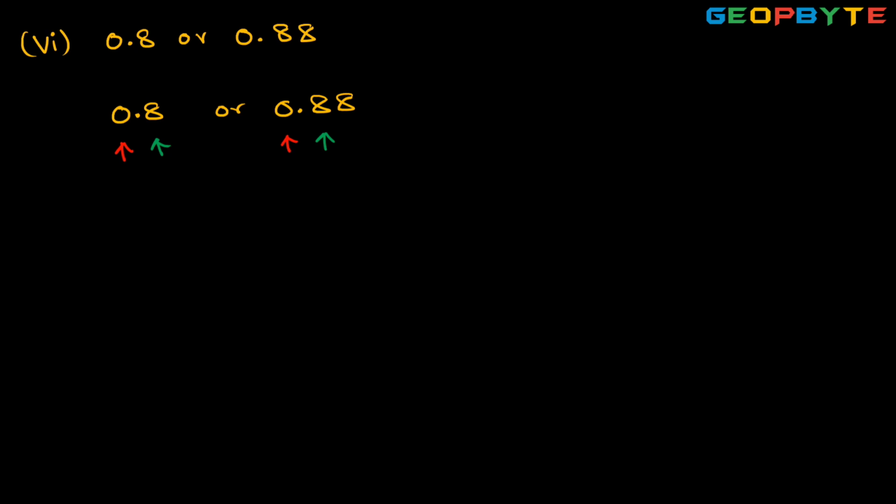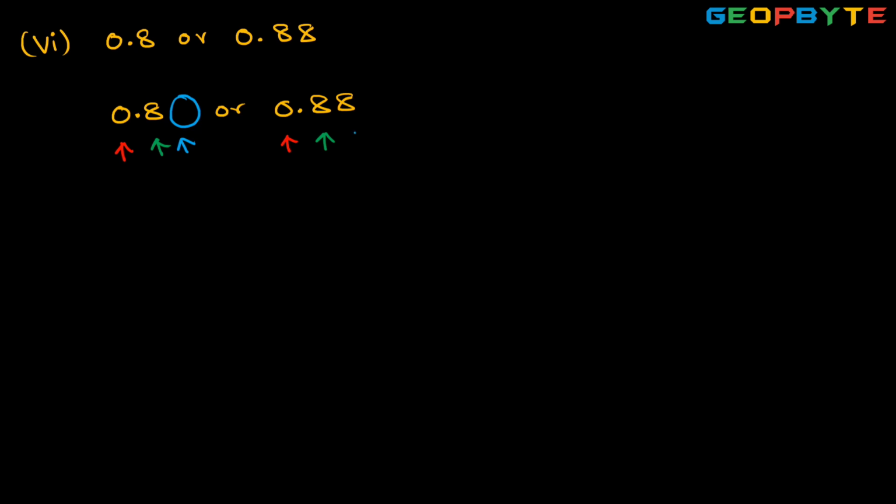Whenever both are equal, we need to compare the next position, that is the hundredths place. Here in the hundredths place, nothing is there. That means we treat it as 0.